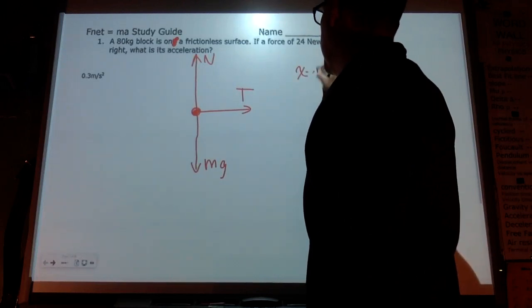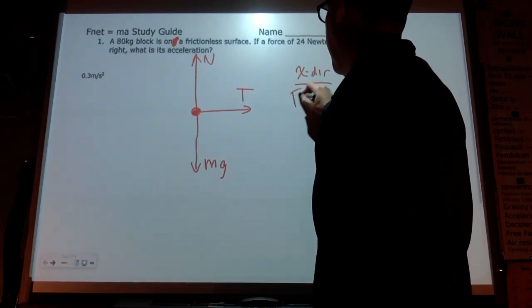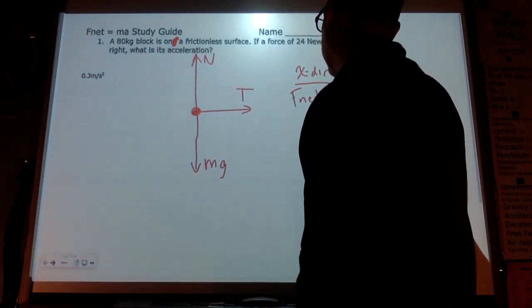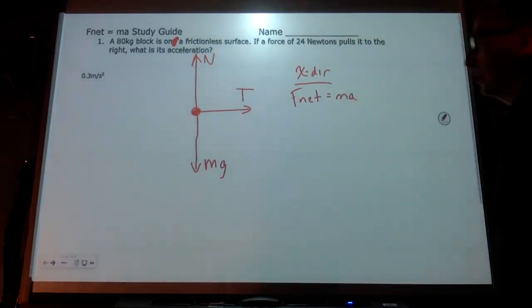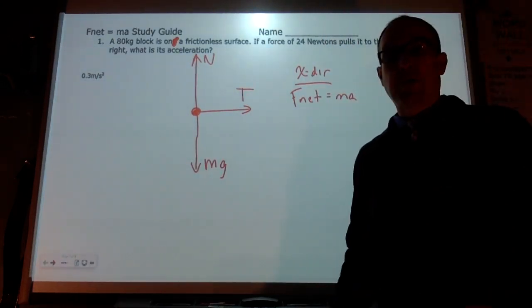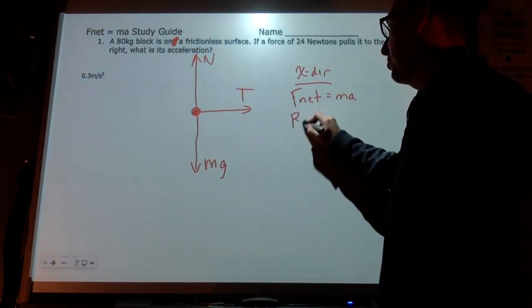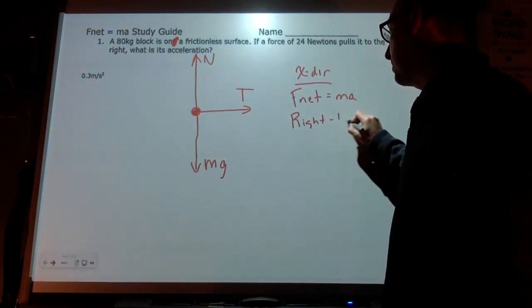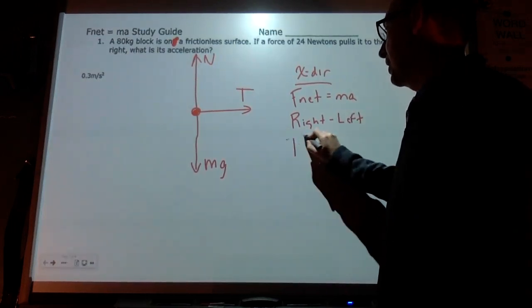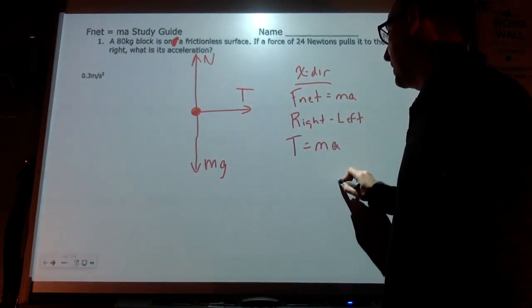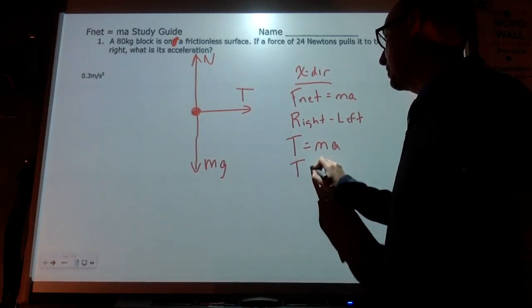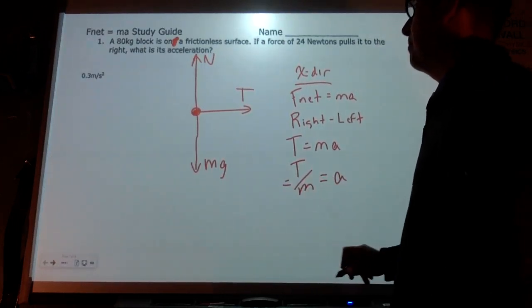So in the x direction, I'm going to say that I have F net equals ma, because this would be a case of acceleration where something was getting faster or slower. I'm going to take my forces to the right minus my forces to the left. And so this is going to be T equals ma. A is going to be our tension divided by mass.